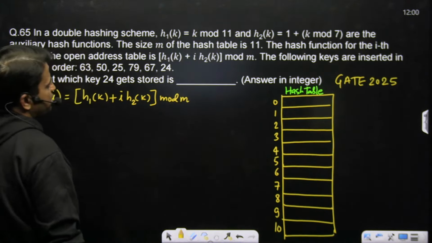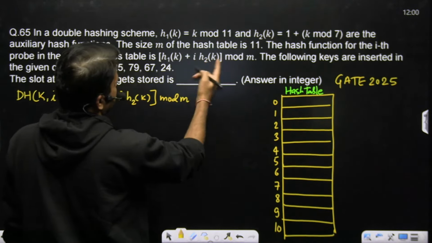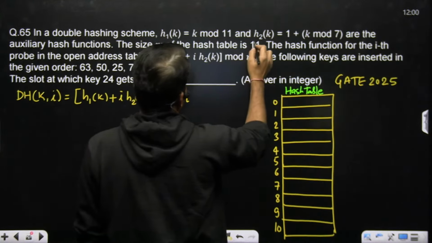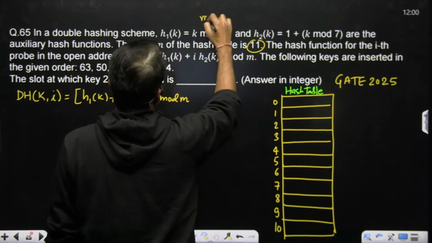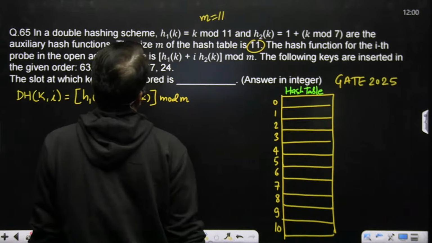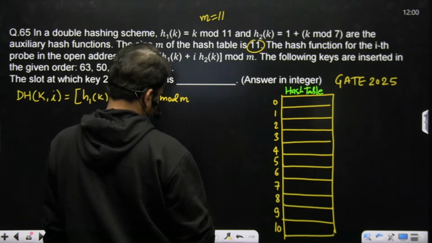Mod m. What is m, student? In this question, the size of hash table m कितना दिया गया है सर? 11. So यहाँ लिख लीजिए, नहीं आप कंफ्यूज हो जाएंगे. m equals to 11 गिवन है डेटा में.